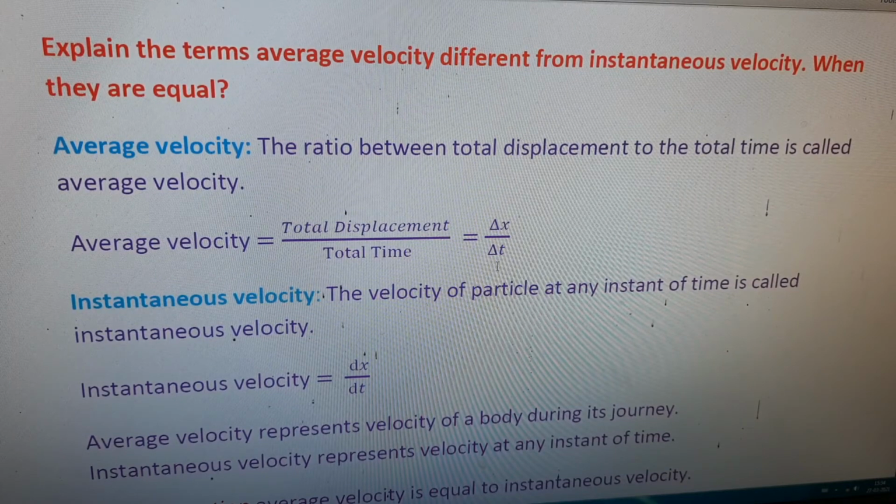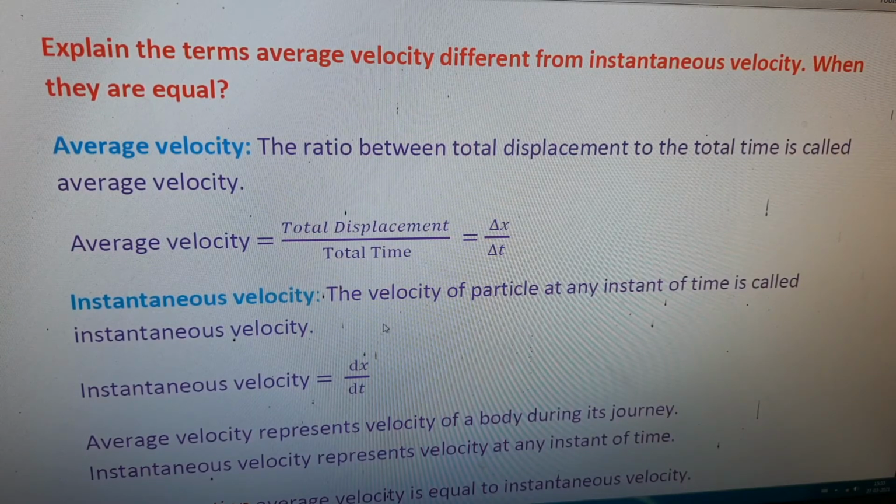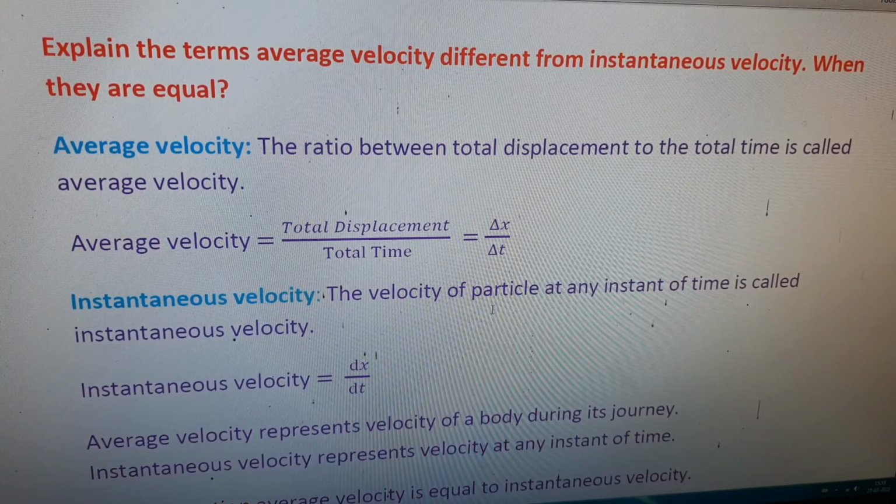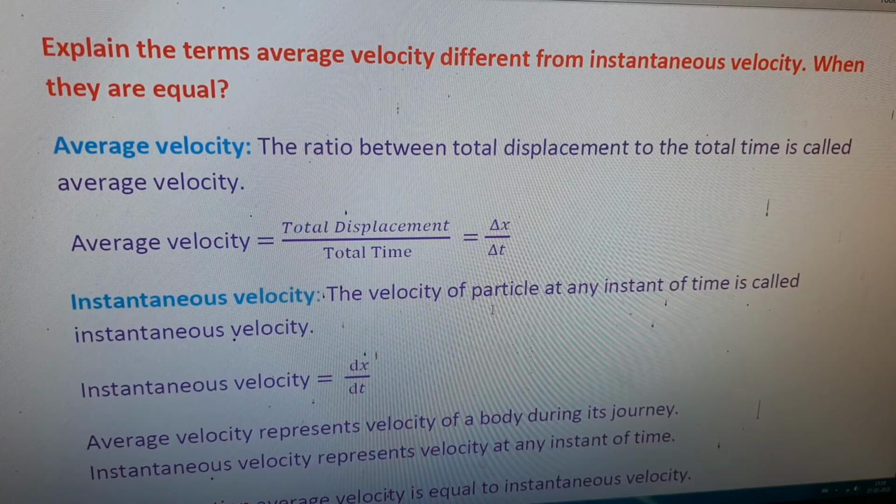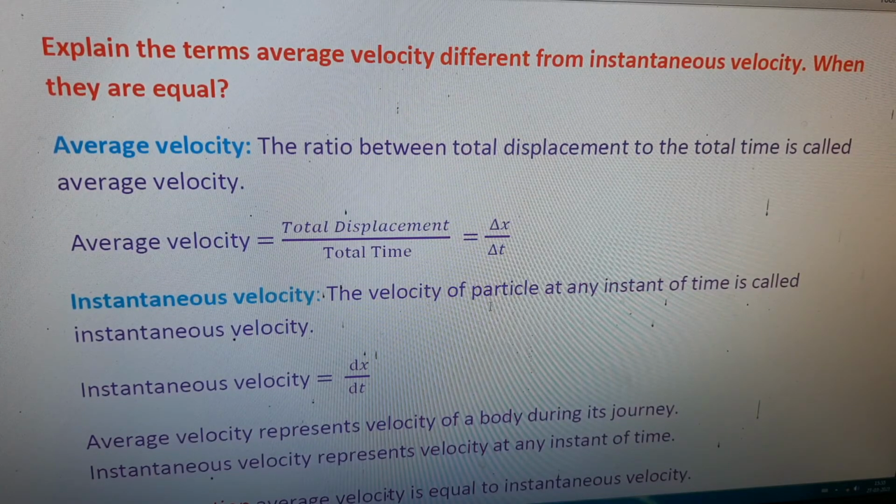And next, the second definition, the statement of instantaneous velocity. How can we define instantaneous velocity? The velocity of a particle or object at any instant of time is called instantaneous velocity. So the formula is instantaneous velocity is equal to dx by dt, but the average velocity formula is equal to delta x by delta t.